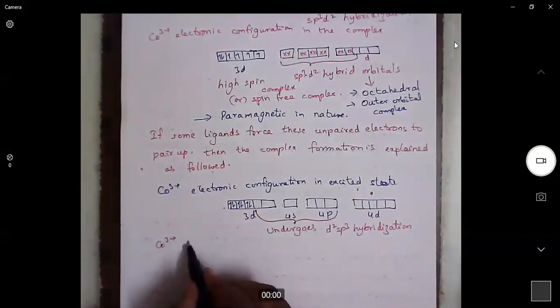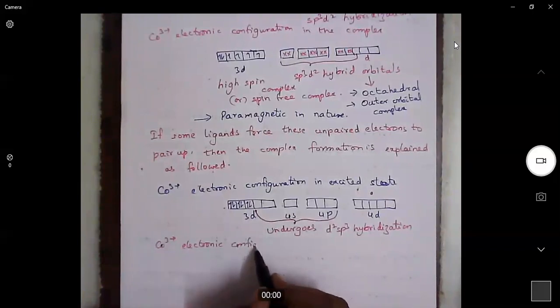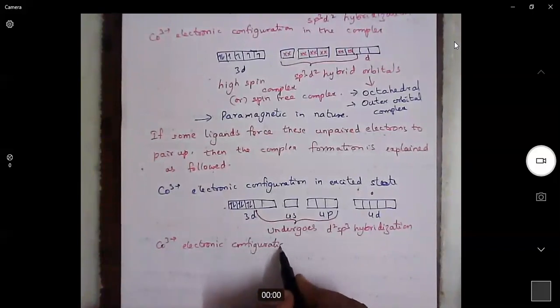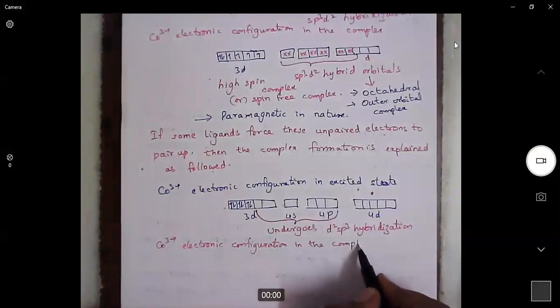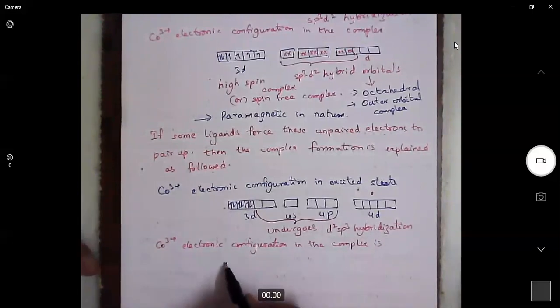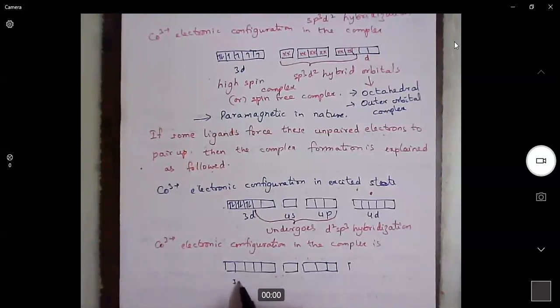Then the Co3+ electronic configuration in the complex is, of course they form hybrid orbitals, but you don't need to mention 4d. These are 3d.